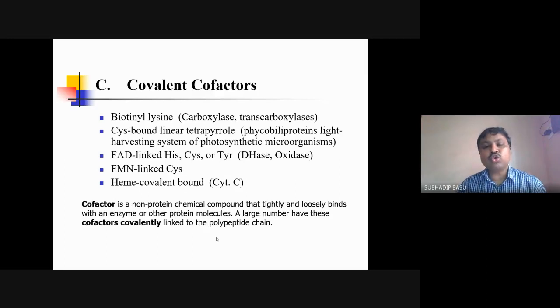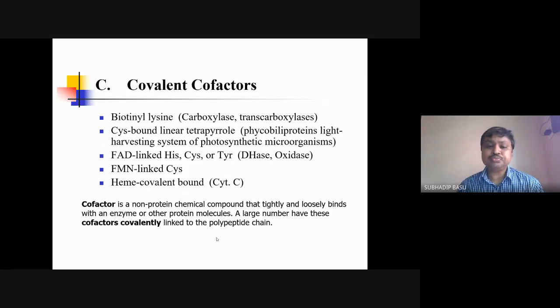You can have covalent cofactors. So cofactors are also very interesting. So what is a cofactor? A cofactor is a non-protein chemical compound that tightly or loosely binds with an enzyme or other protein molecules. So we are not just talking about binding of one protein with another, or breaking a protein like peptide bond cleavage, or forming a peptide bond. There can be other non-protein chemical compounds as well, which bind tightly with a protein.